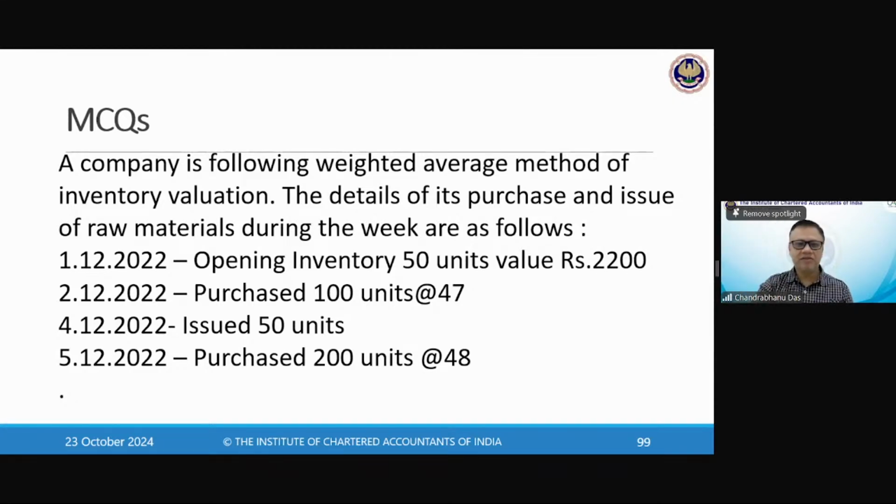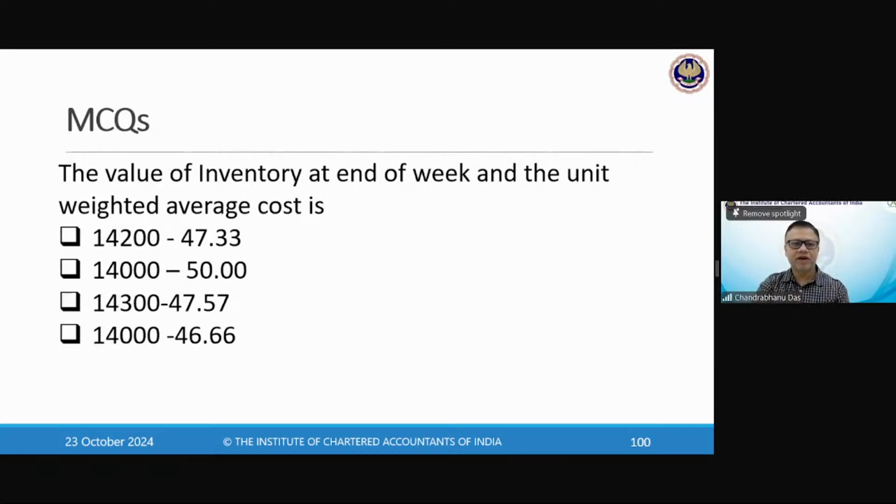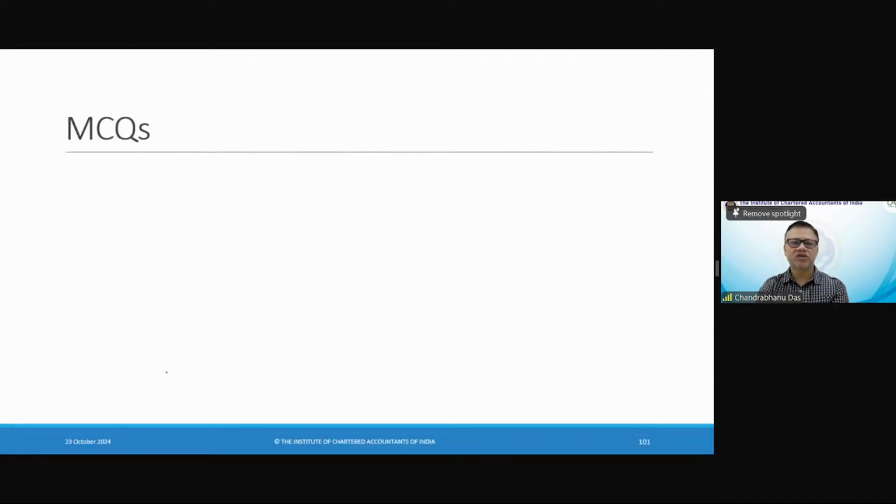Okay, now let me talk through your solution. This is the question, and the answer is 14,200 and 47.33. Now let us see how we are arriving at this answer, or a figure near to this. Let us see what has been done. How to calculate the weighted average cost of inventory, which I talked to you about earlier.